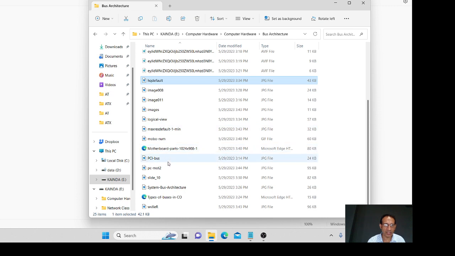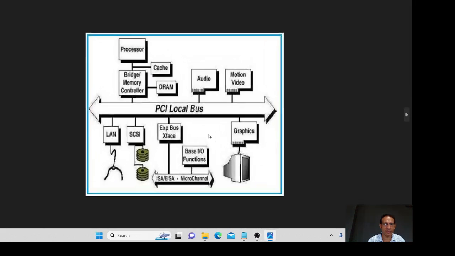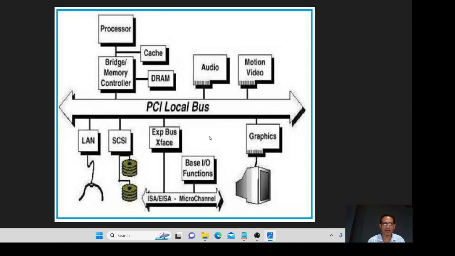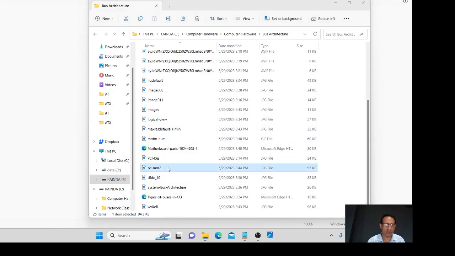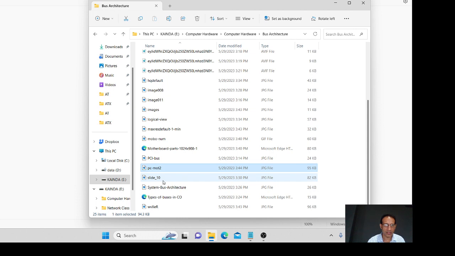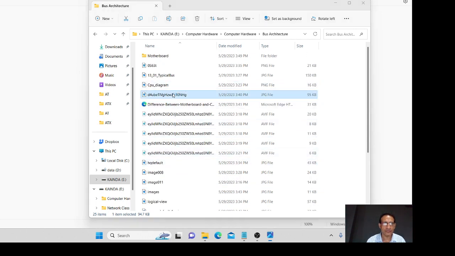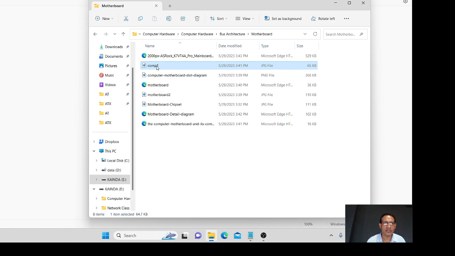Now I'm going to show you the bus architecture, another type of bus architecture, but I'd like to show the general bus architecture from here. Some examples are here. I'll get back to the motherboard.